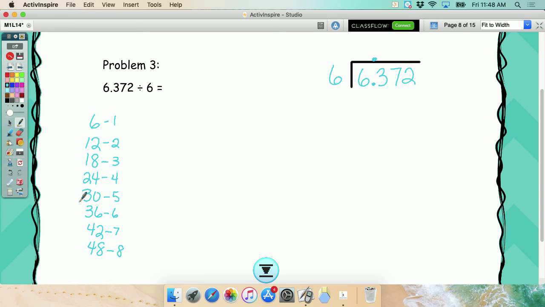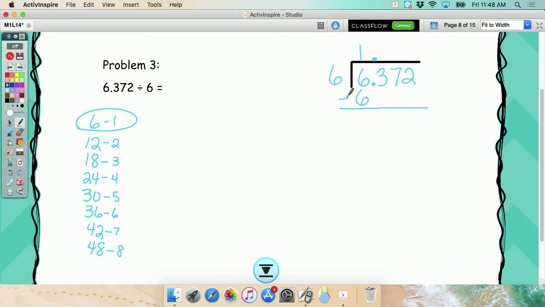Okay? So first of all, can I divide 6 into 6 equal groups? Yes. How many will be in each group? 1. So circle this. Trust me. I'm going to put the 1 on top and the 6 below.